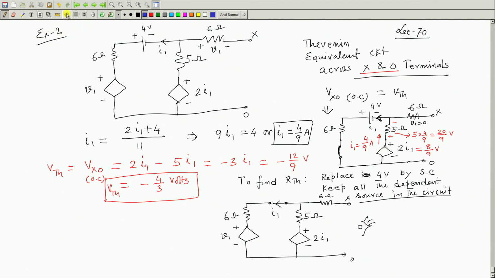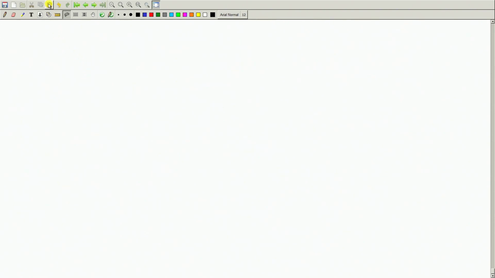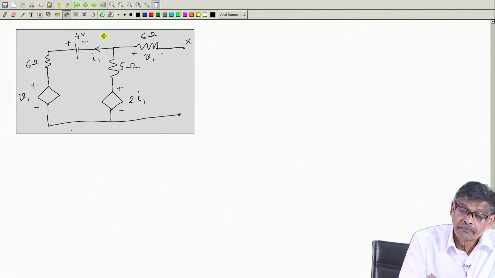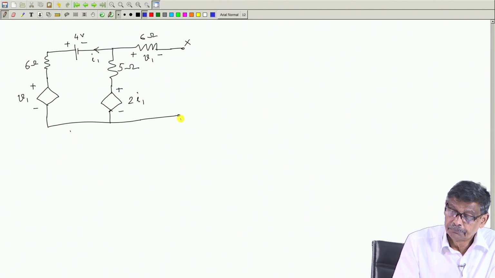So, what you do is this, I will copy this network. Now, R Thevenin's I have already calculated. So, I copy this and go to next page and paste it. That is, suppose I ask you, this point is O. I think all parameter values as this was the original network.